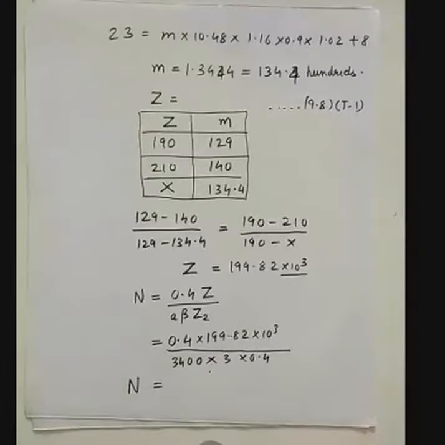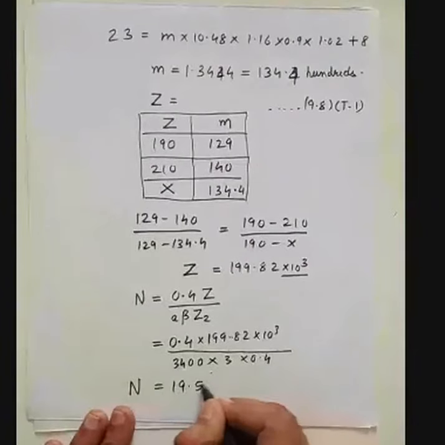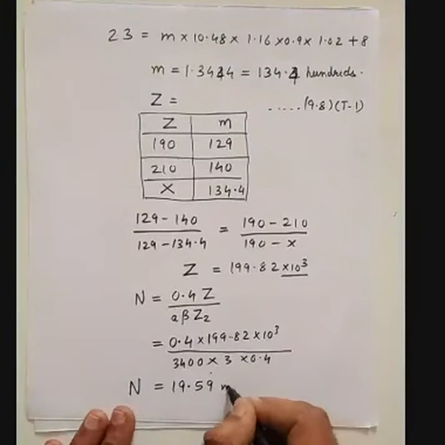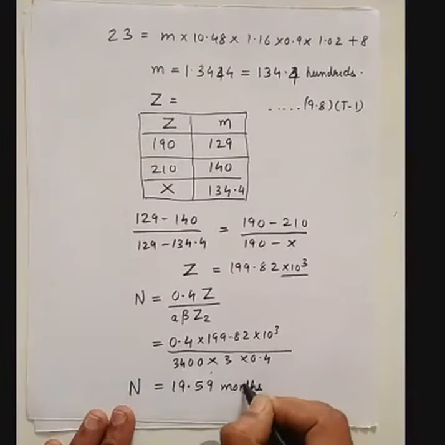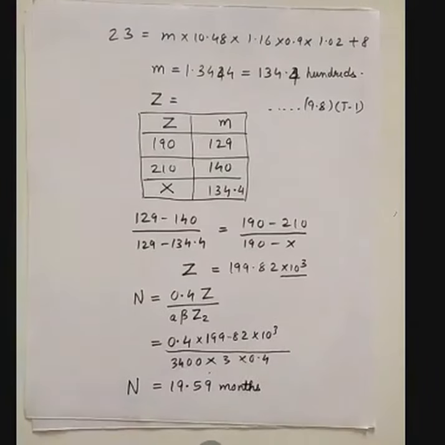So what is the answer you are getting for life of rope? 19.59. So this is 19.59 months, right? It is 19.59 months. So this is all about your step number 1.